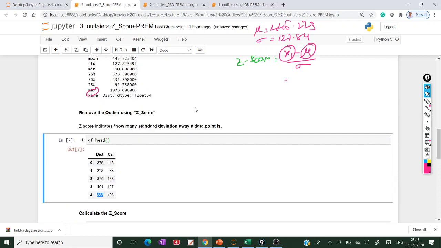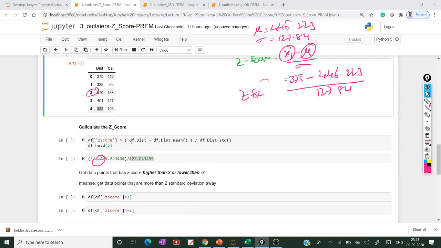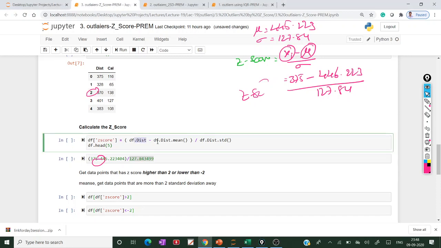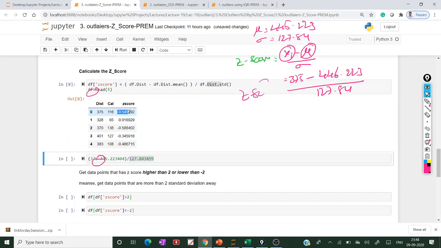Here I am substituting the values: xi is 375, minus the mean value 446.223, divided by sigma 127.84. That is nothing but the z-score. So let's see. The df column minus the mean value divided by the standard deviation. See, this is the value you got.